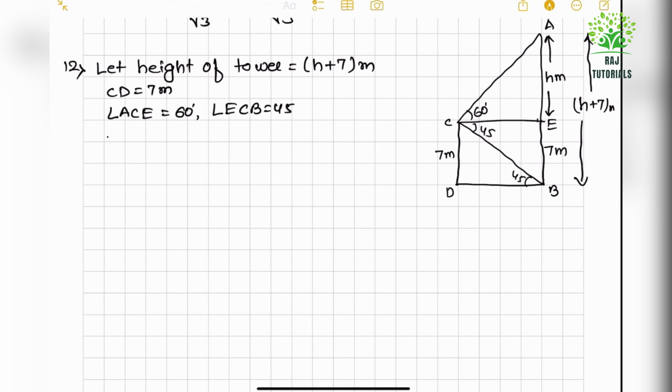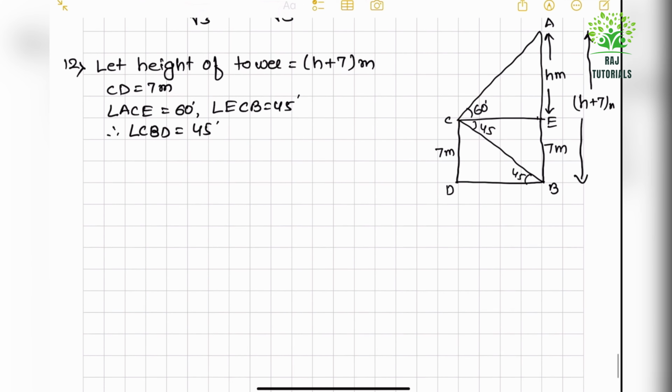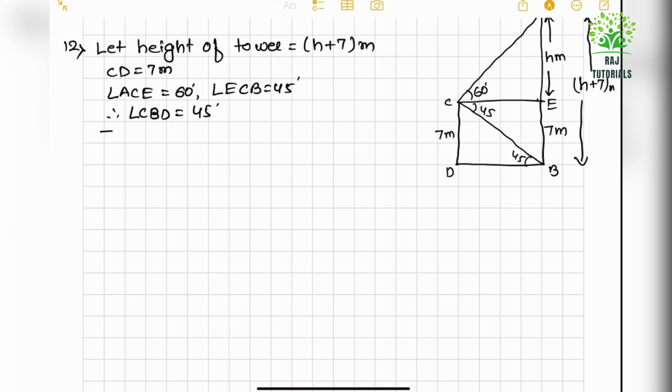Now coming to the solution, before that let me write all the values. Angle ACE equal to 60 degree, angle ECB equal to 45. So therefore angle CBD equal to 45 degree also.